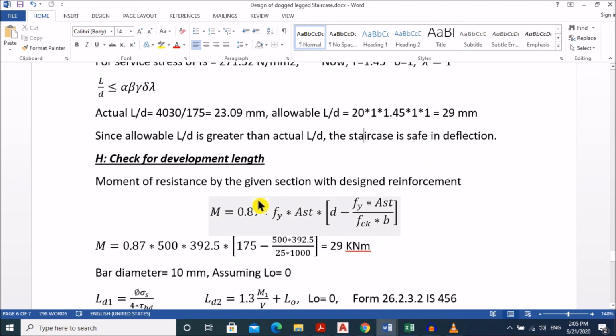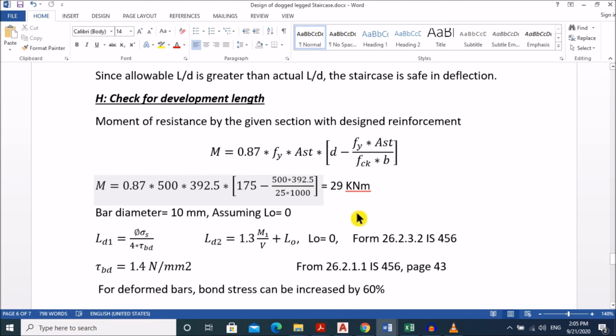We have the moment of resistance of the given section with design reinforcement. The 10 mm reinforcement bar at 200 mm spacing gives Ast of 392.5 mm square. By using this reinforcement value, the moment of resistance can be calculated as 29 kilonewton meter.